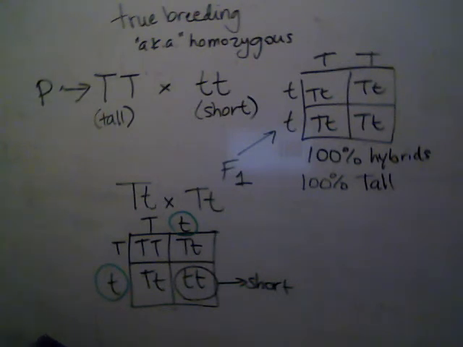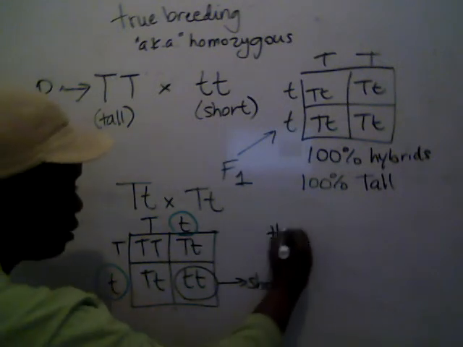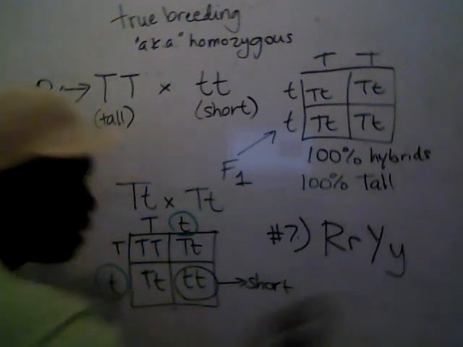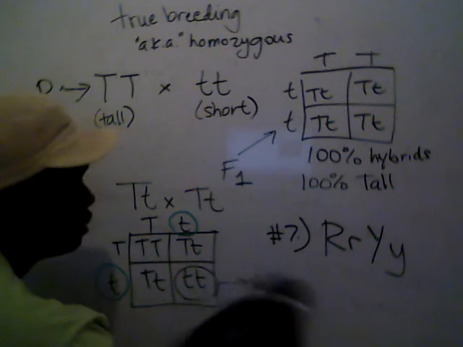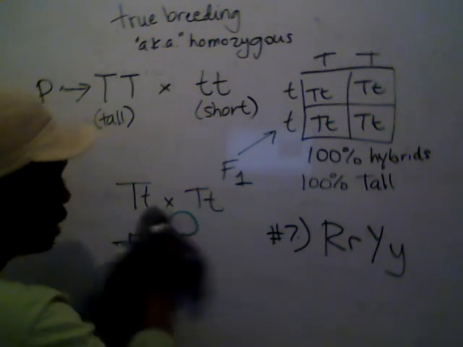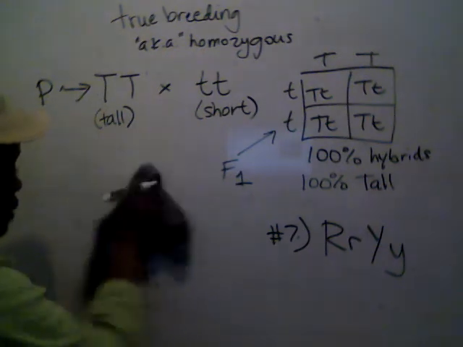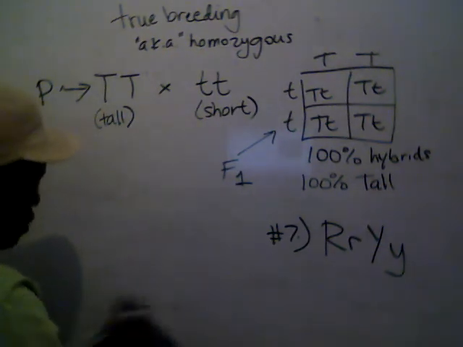For number 7, let's look at number 7. Big R, little r, big Y, little y. Okay. We need to predict the possible gametes. One thing to keep in mind with gametes is that in order for a parent to pass on traits to their children, their alleles have to separate, or their letters have to separate, and they have to then be passed on to their child.